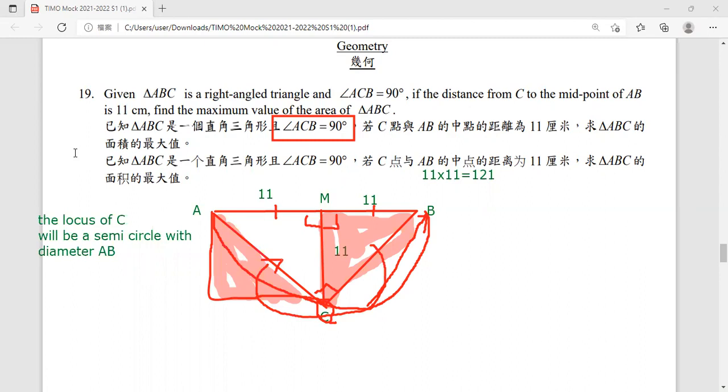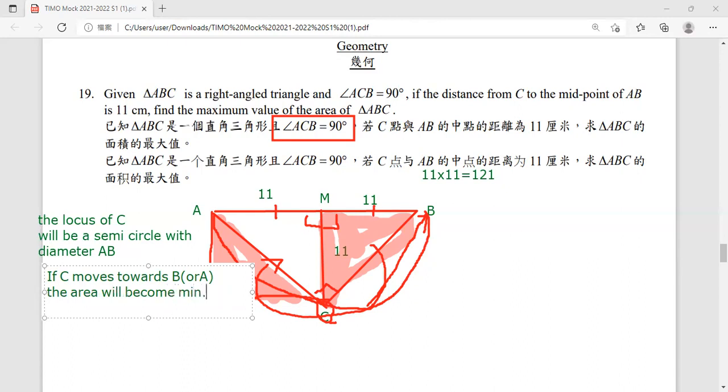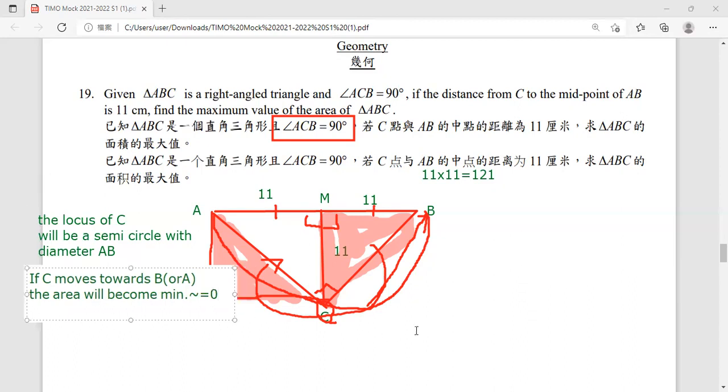So if C moves towards B or A, it will become minimum. Okay. Does this answer your question?